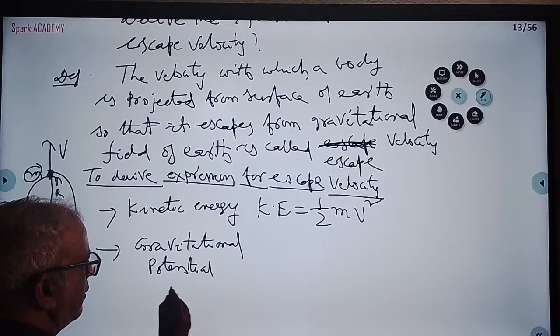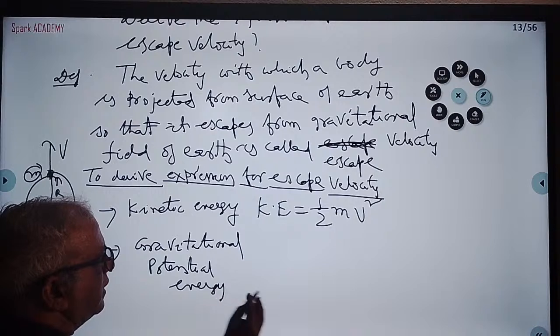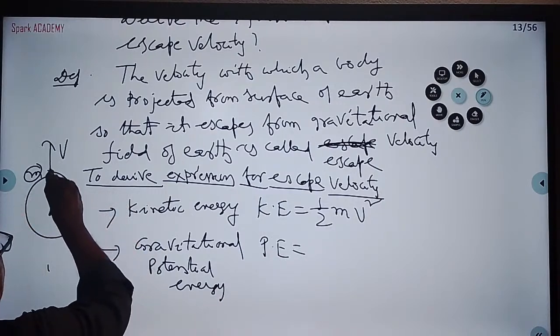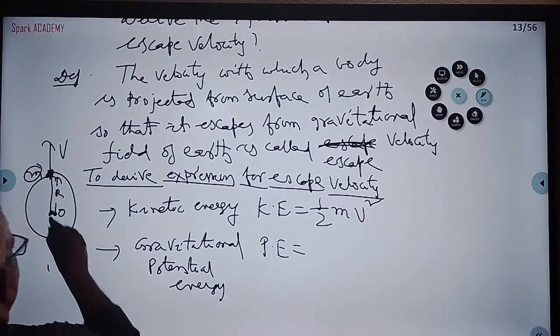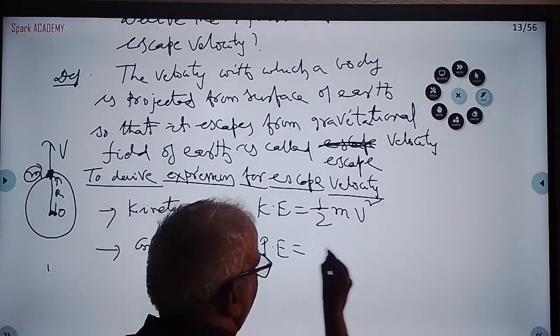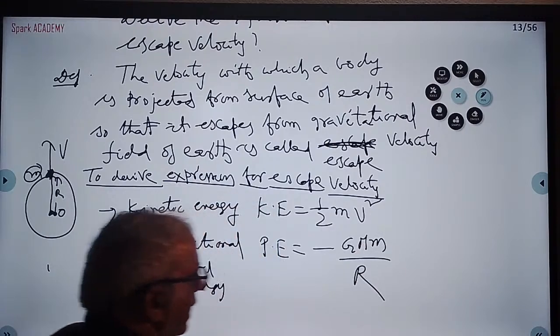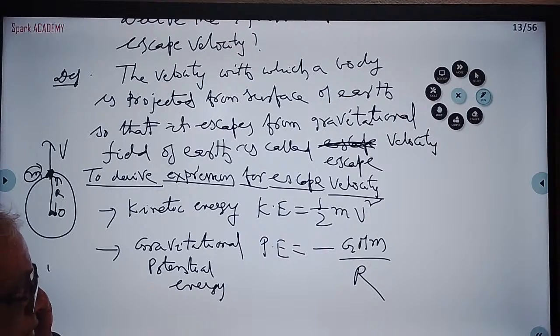What is this expression? You think that it will be zero, but it won't be zero on the surface of the earth because you are measuring from the center. It is minus, binding energy means minus. Gravitational potential energy is given by the formula minus GMm by R.